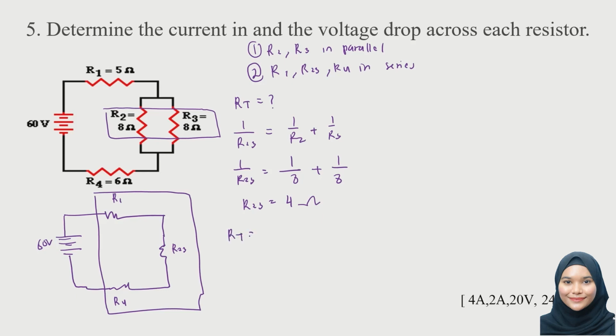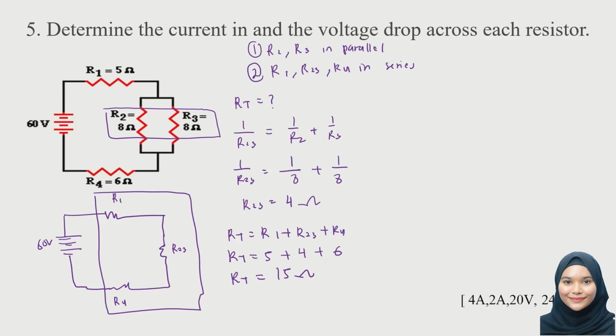Therefore, R total equals R1 plus resistor of 2-3 plus resistor 4. So our resistance of resistor 1 is 5 ohm, and then resistance of resistor 2-3 is 4 ohm, and our resistance of resistor 4 is 6 ohm. So they will give a total resistance of 15 ohm.